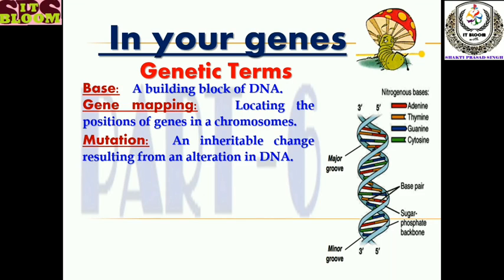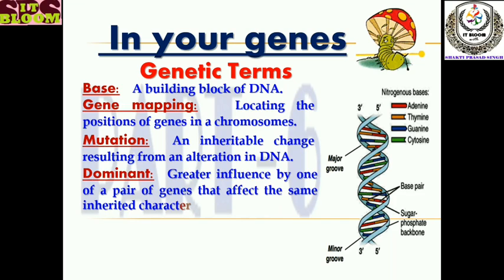Next term is mutation. An inheritable change resulting from an alteration in DNA is called mutation. Inheritable change from generation to generation in a DNA is called mutation. Dominant.